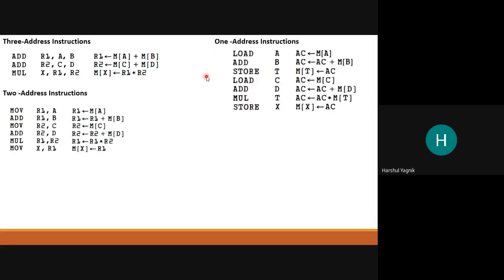One result is already in the accumulator, and the second operand was stored back into memory address T. So perform multiplication, MULT. This will multiply the operand in the accumulator with the operand at the memory location whose address is T, and the result is loaded to the accumulator. The result from the accumulator is then stored back at the memory location whose address is X.